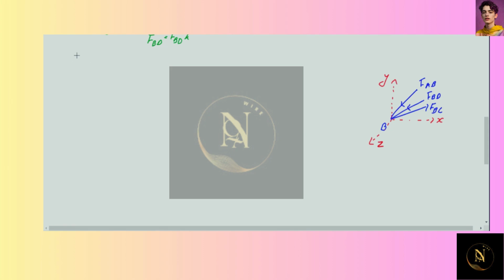Now the component at y direction. To find the component at y direction, we will do summation along y equal to 0.